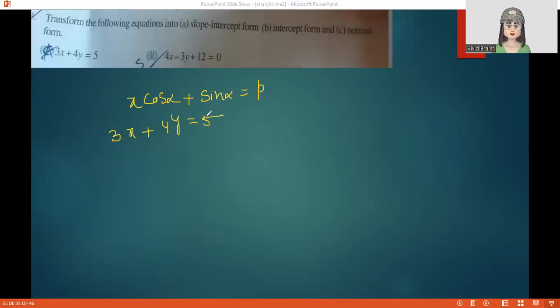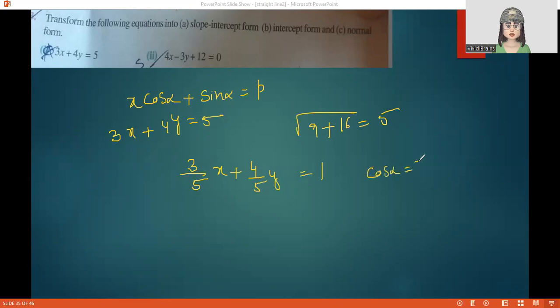So square root of 9 plus 16, which is equal to 25, that is 5. So 3 by 5 x plus 4 by 5 y is equal to 1. So cos alpha is equal to 3 by 5 and sin alpha is equal to 4 by 5.